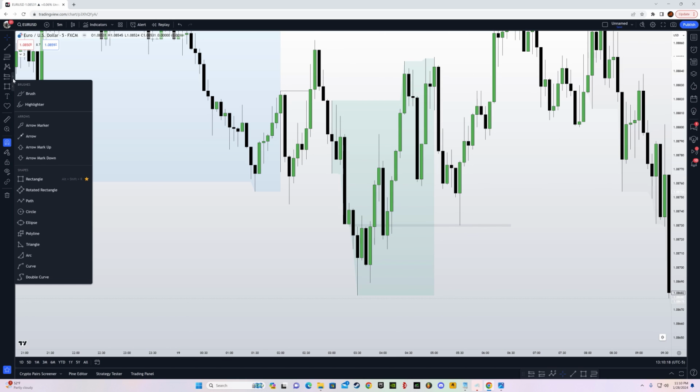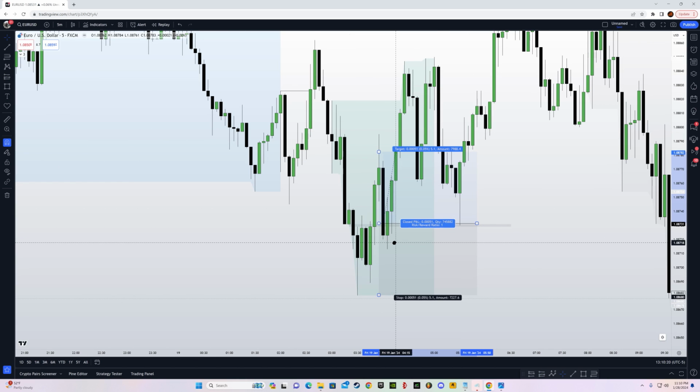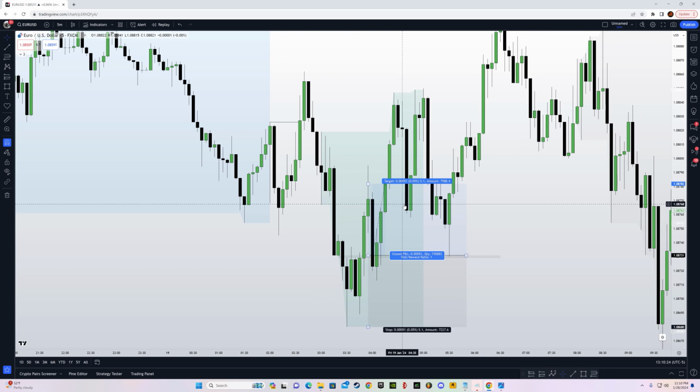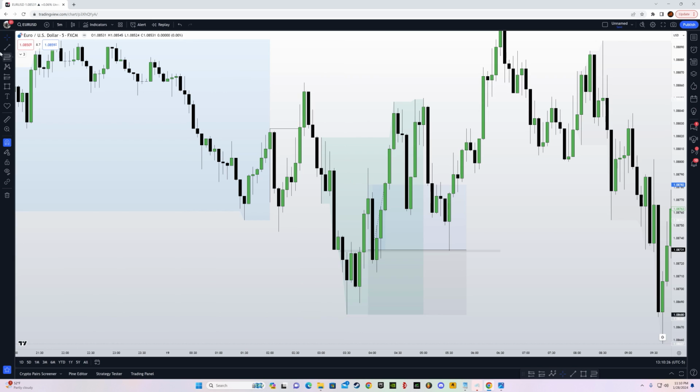So my entry then would be on the retest of this. My stop would go right below this low, and I would go for 1-to-1, and that was a beautiful take profit level hit. But there was a fair value gap up there that you may have targeted. Now, if you're good with risk management, you can do these type of experiments. So that's what I'm giving you, 1.73 risk to reward ratio.